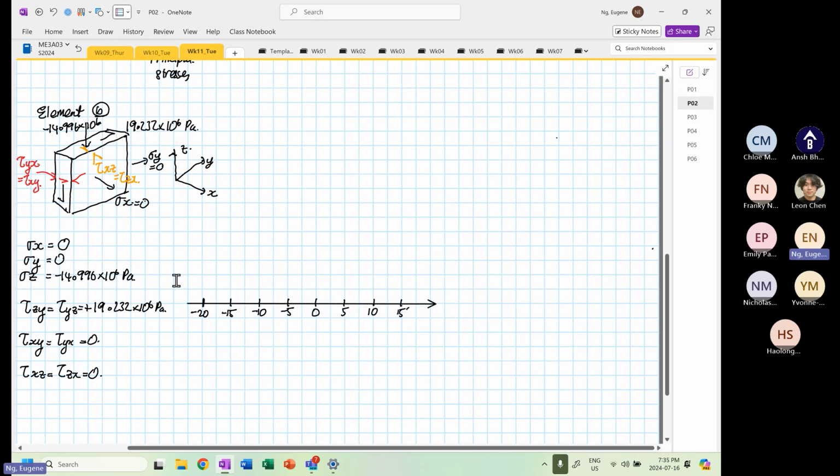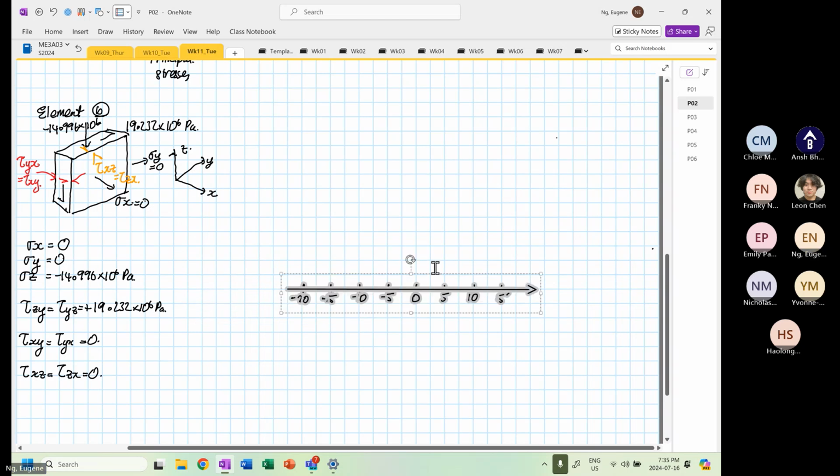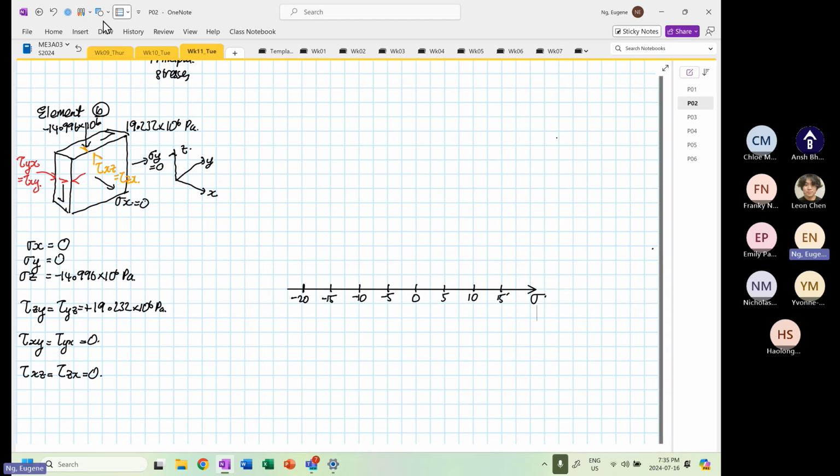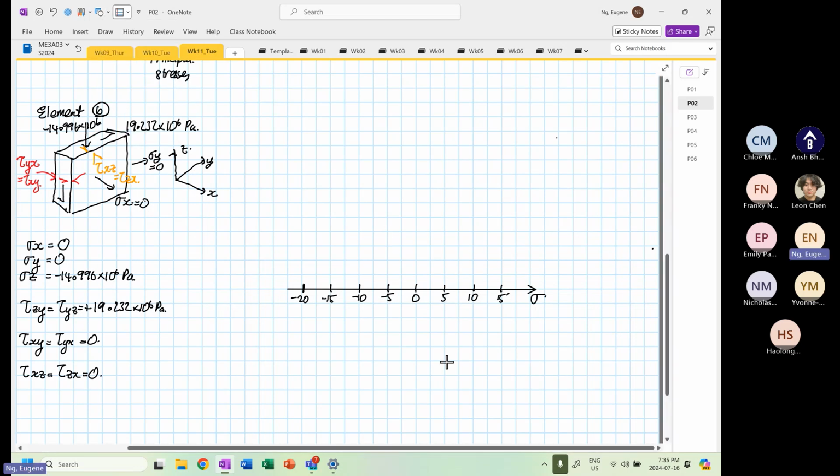Okay, so in the Mohr circle, this is our normal stress axis, right? Then we have our shearing stress.